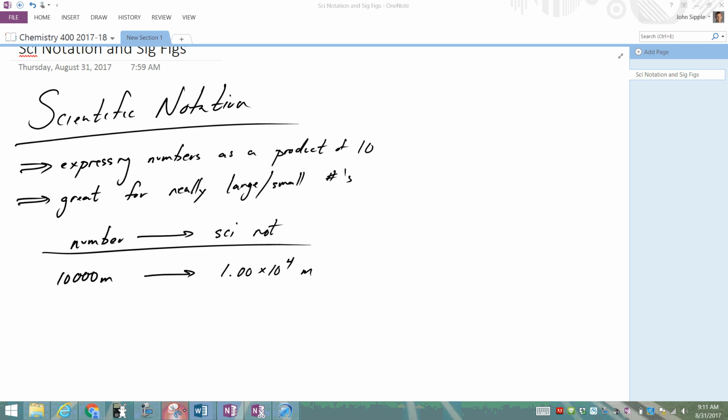And then what if we do a small number? How about a number like 6.7 times 10 to the minus 9.